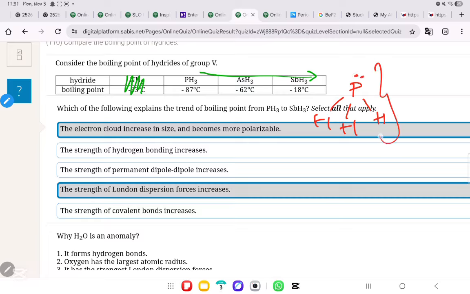So it's definitely what? It's AX3E, which is non-symmetrical, so it's definitely a polar molecule. Because it is polar, that means it has the permanent dipole-dipole forces. But these dipole-dipole forces are not going to explain anything. The only thing that explains the boiling point and the melting point differences is the LDF.